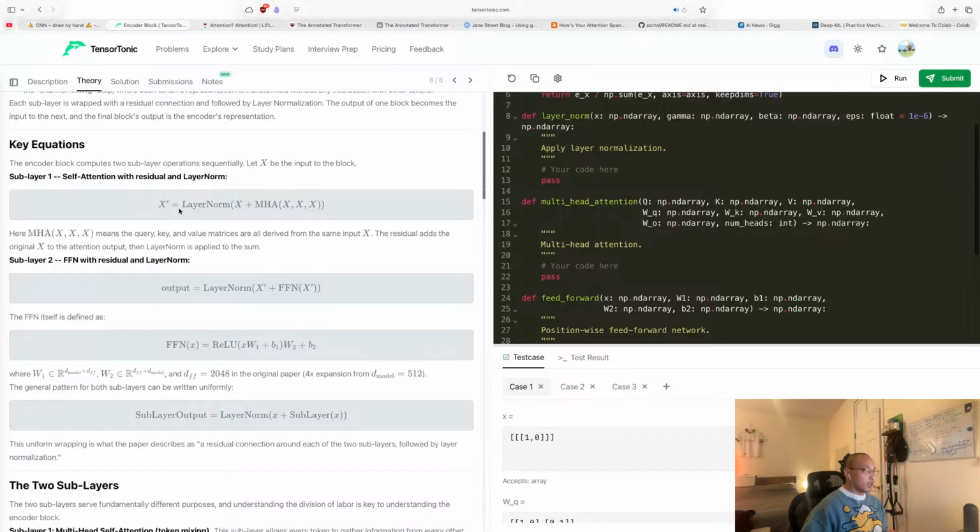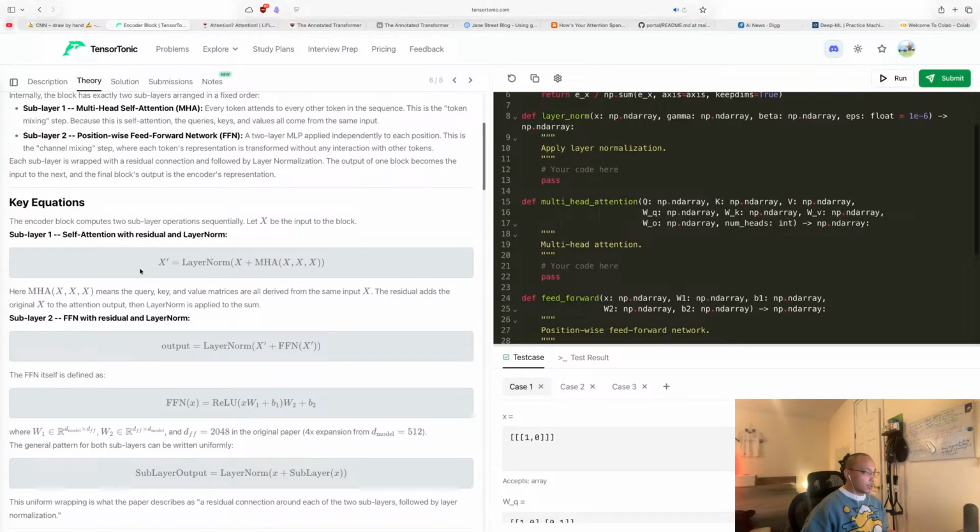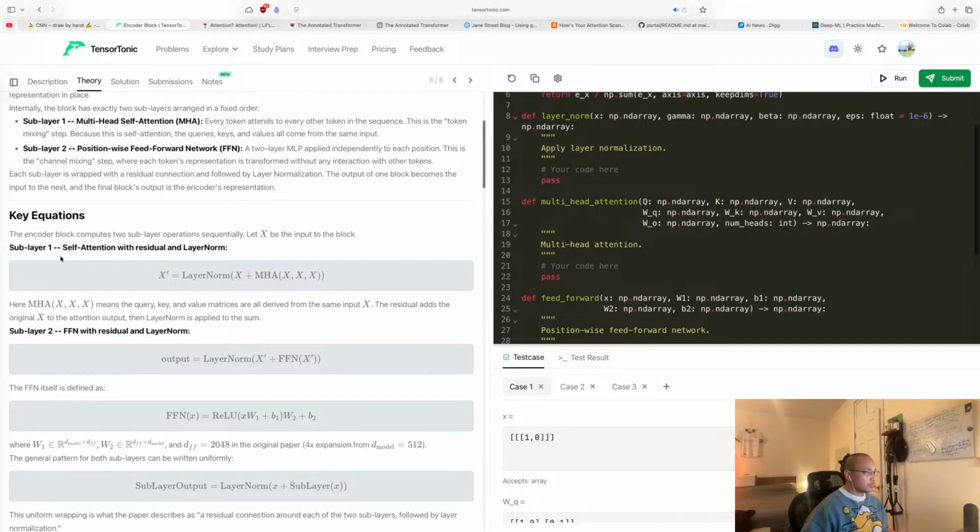Some of the key equations are the residual plus layer norm. Sublayer 1, self-attention with residual and layer norm, is layer norm of x plus multi-head self-attention of x, which means the query, key, and value are all derived from the same input.